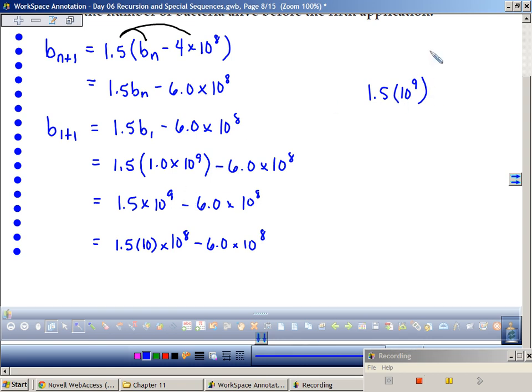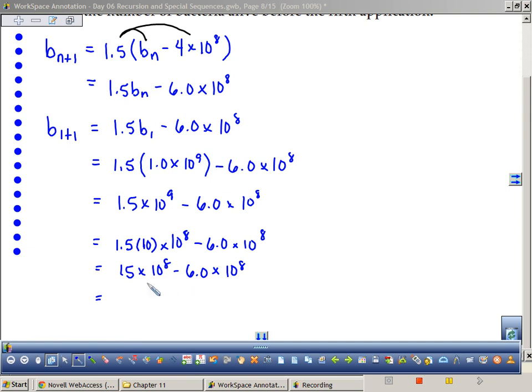I split it up to a 10 and a 10 to the 8th. This is like saying 10 times 10 times, do you want to write that? No. Okay. So I took one from it and made it 10 to the 8th. So that makes this 15 times 10 to the 8th minus 6 times 10 to the 8th makes how many 10 to the 8th? 9.